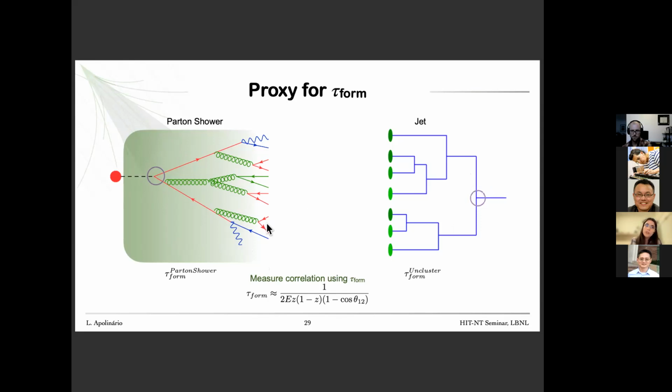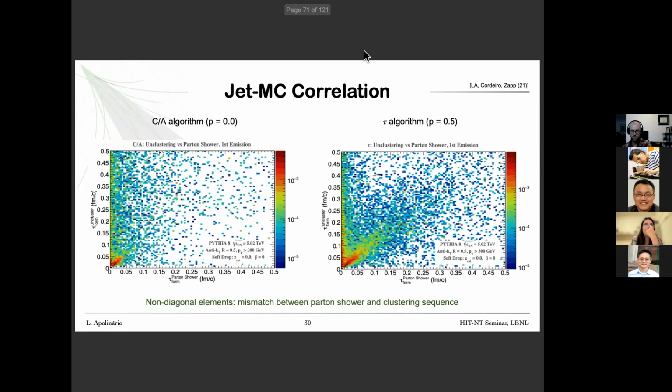We use this as a measure of our correlation when doing this unclustering tree with this algorithm that we call the tau. And of course, hopefully all these emissions will match, but sometimes it may happen that they will not match. And when this is the case, we will have an incorrect correlation between these two.